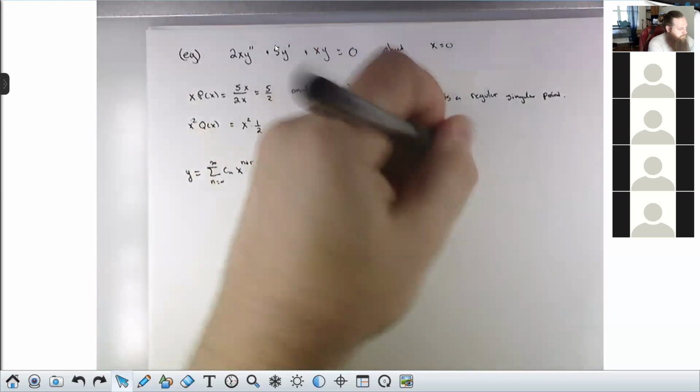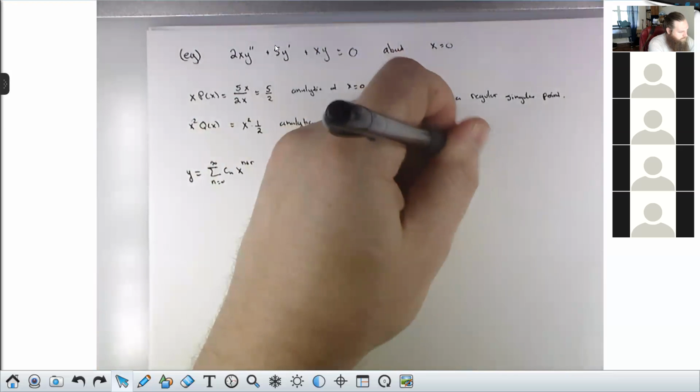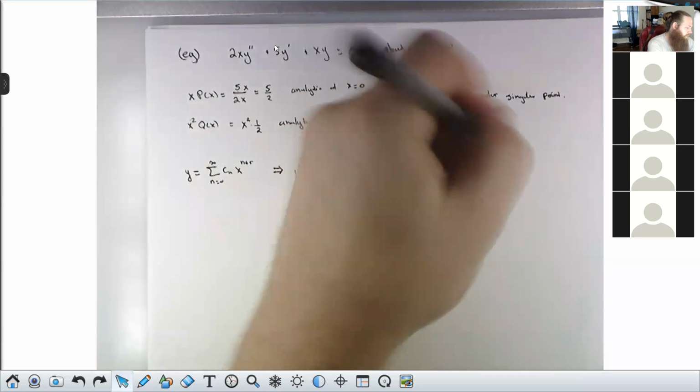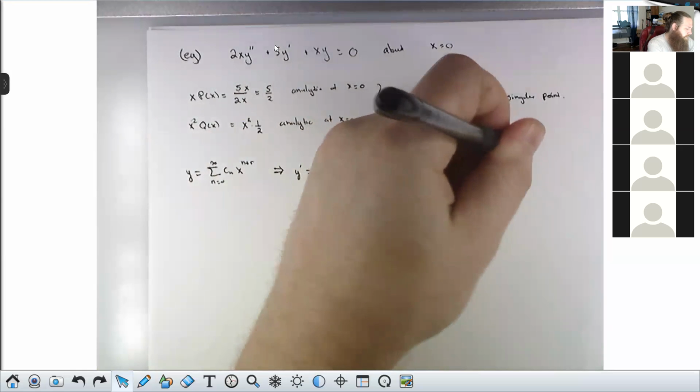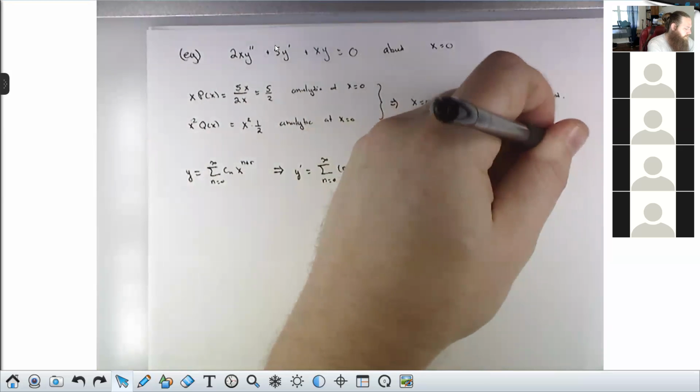Y double prime is sigma n from 0 to infinity n plus r times n plus r minus 1 times Cn x to the n plus r minus 2.